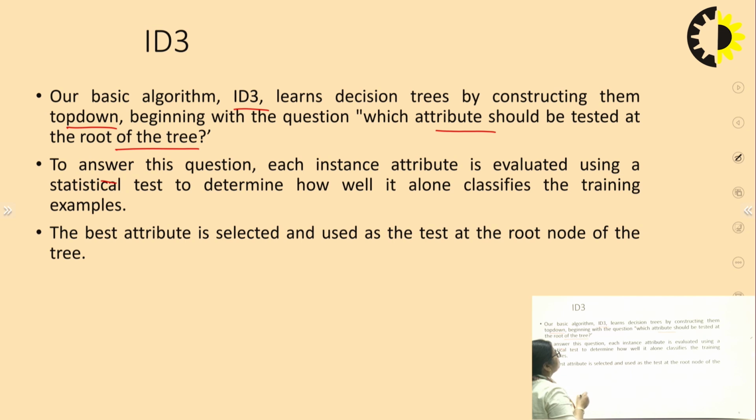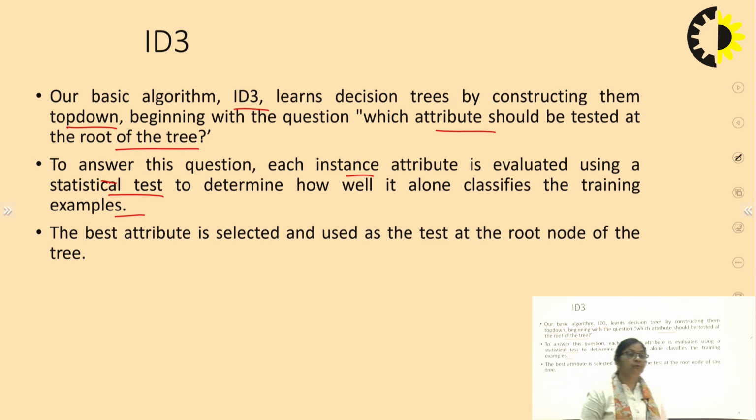What we do is, each instance attribute is evaluated using a statistical test, and we determine the result of the statistical test to see how well it alone classifies the training examples.